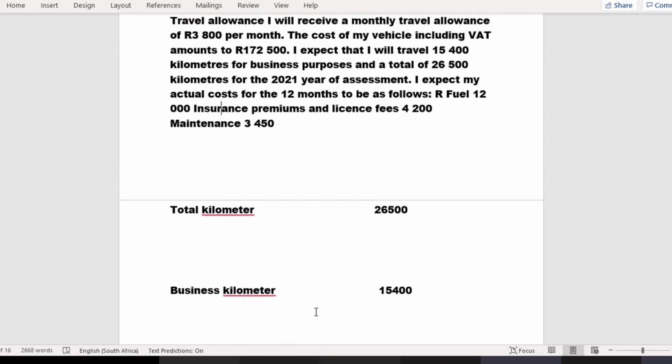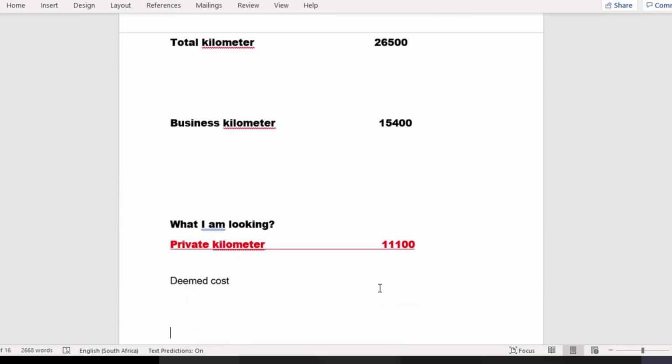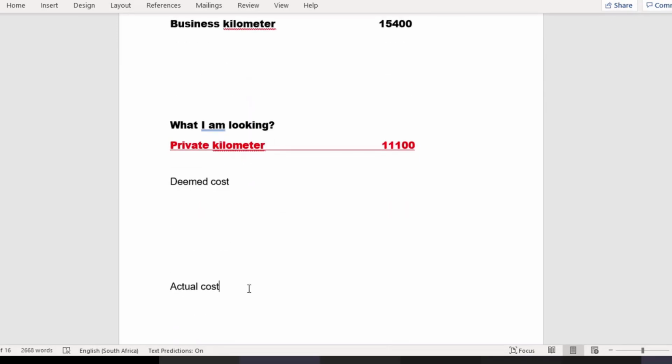Okay, then it's going to fall under the second table. I'm afraid I think you're mixing things. It will fall under your actual cost, not the deemed. Then you're going to look at the table as you said.